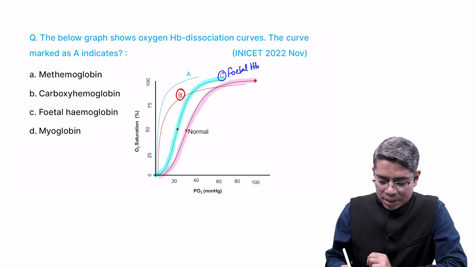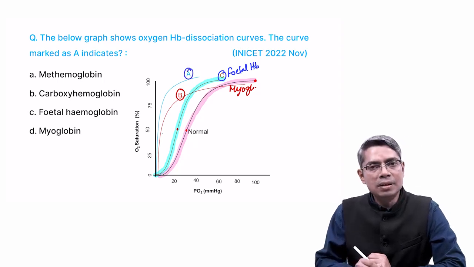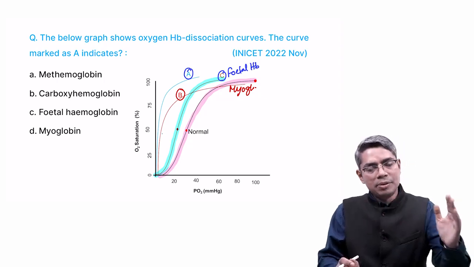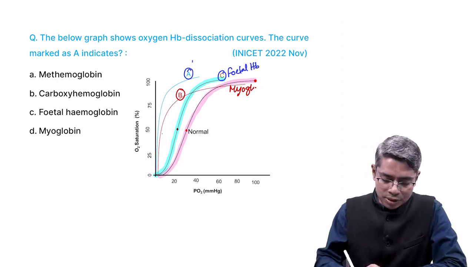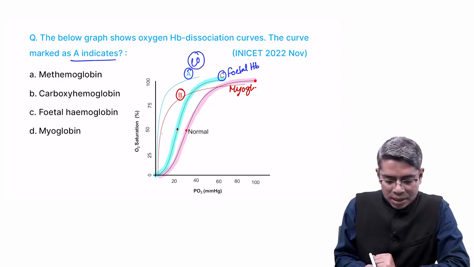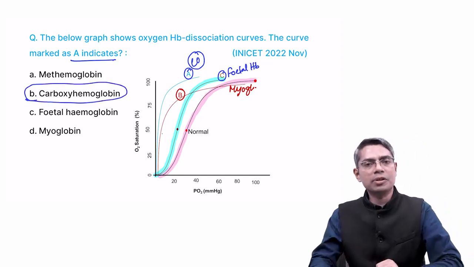So this B curve is a kind of myoglobin curve, and this A curve is the left hand shifted curve, and I told you the position of the curve is the most left. Okay, so left hand side of the curve and the most left hand side position. So this is carbon monoxide poisoning. So curve A has been asked in this question. So this is carboxyhemoglobin or carbon monoxide poisoning.